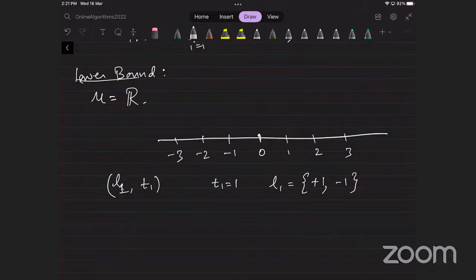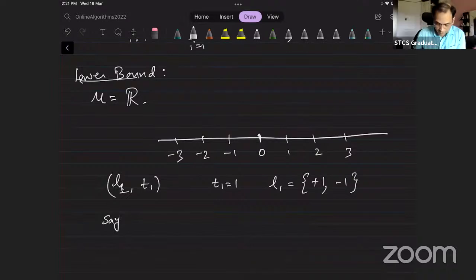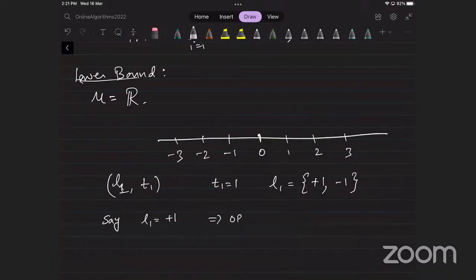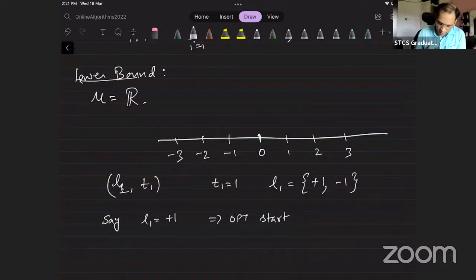So OPT starts moving at time 0 itself and comes back by time 2. Say L1 is +1. Then OPT starts at time 0, visits L1 at time T1, which is exactly its time of revelation. That's allowed.